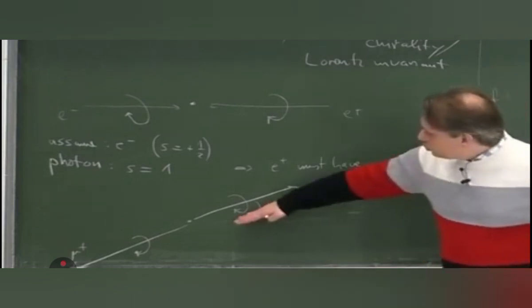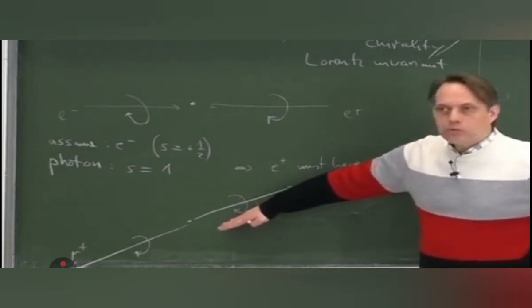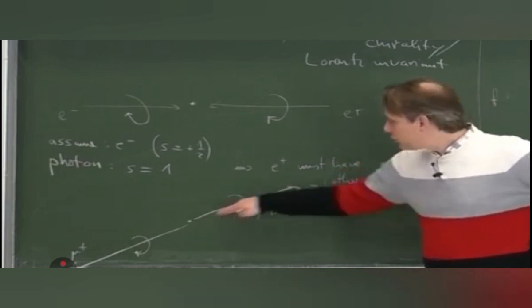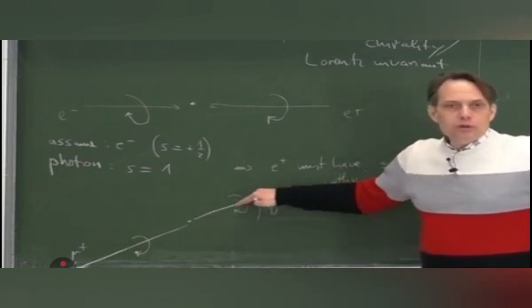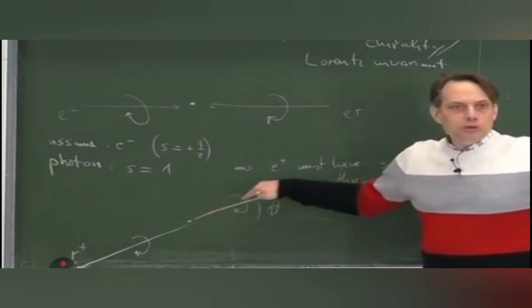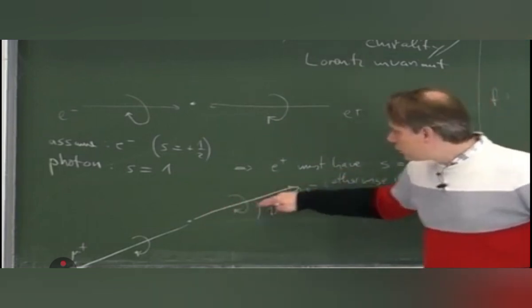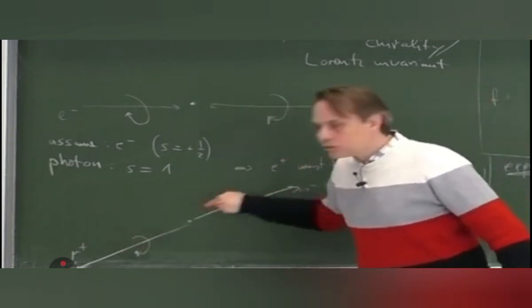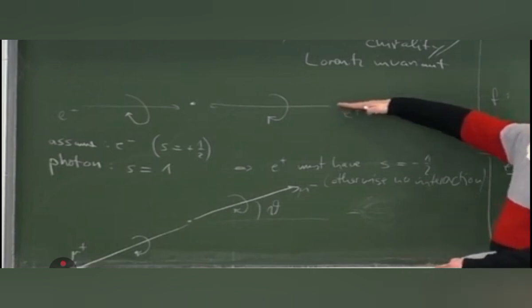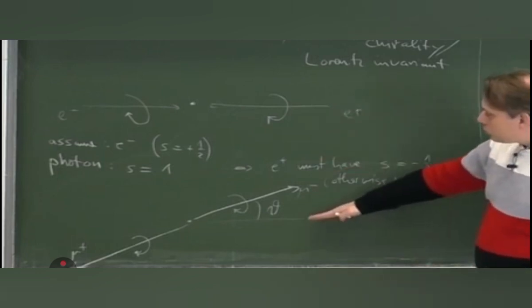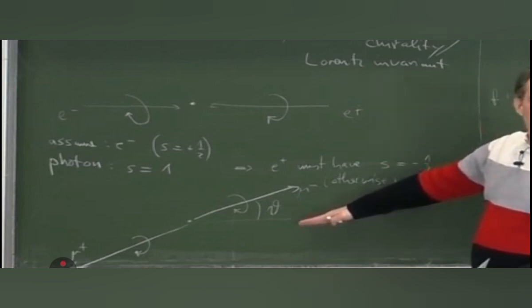If we look at this final state, then this is, if the angle is not 0 or 180 degrees, then this will not be an eigenstate of angular momentum in z direction, but it might be an eigenstate of angular momentum in another direction, but certainly not in z direction. And therefore we are asking here for the probability amplitude that an eigenstate of Jz becomes a state which is not an eigenstate of Jz.